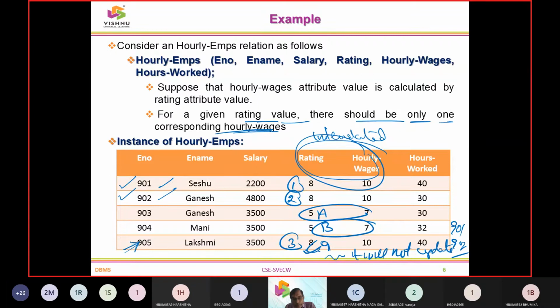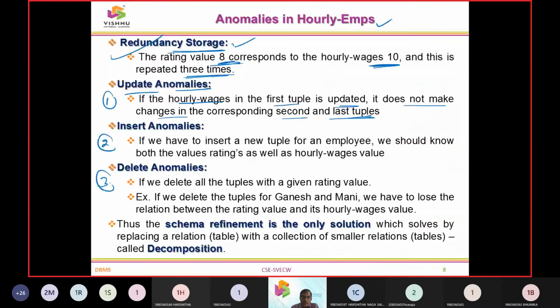But what we are going to do is update one record, and if we update one record, it is not updated in the second and third record, which leads to an error called update anomaly.